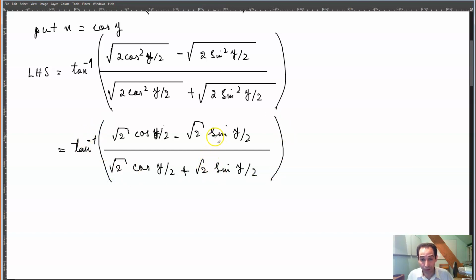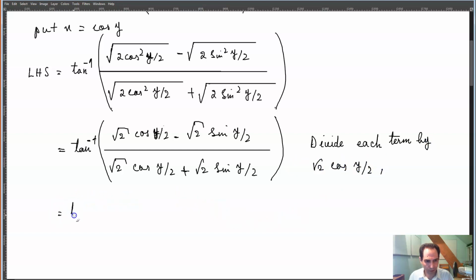Now, what you can do is divide each term by square root of 2 cos of y divided by 2.